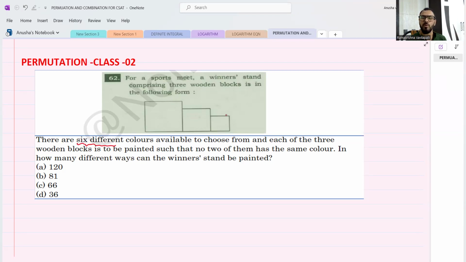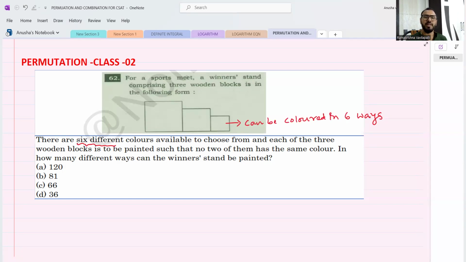You can think of boxes. The first step can be colored in 6 ways, as we initially have 6 colors. Any one of these 6 colors we can use to paint the first step.